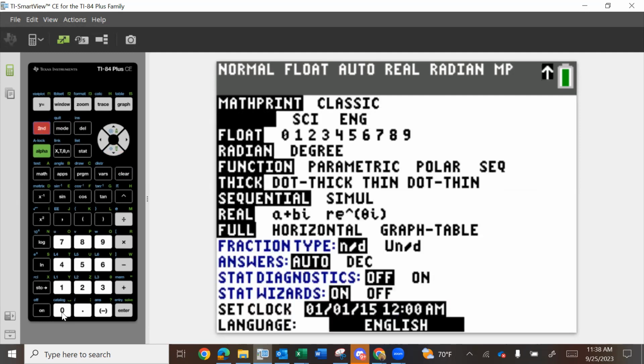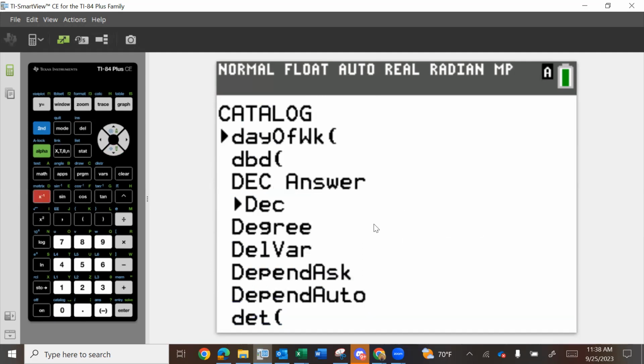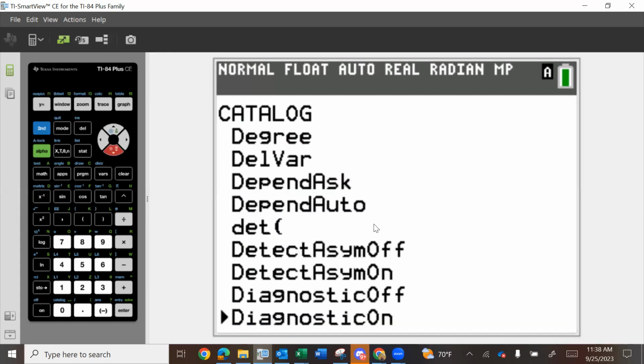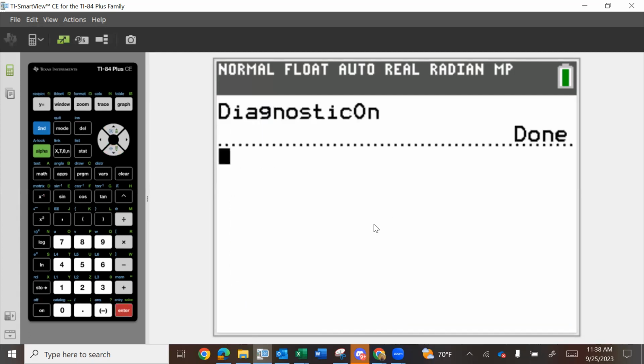No, I'll just go second zero to the catalog, and then I want to go down to the D's. So I'll just hit this button here because it has the D over it. And I'm going to go down to diagnostic on. I'll hit enter to select it. I'll hit enter again to execute the command.